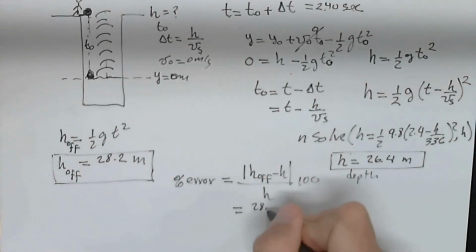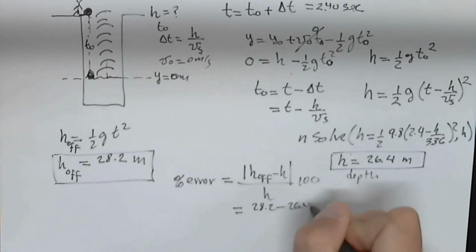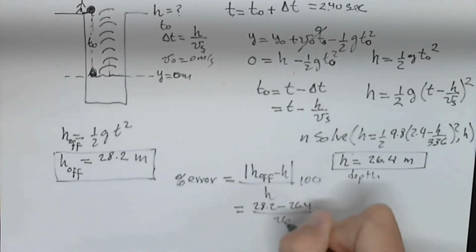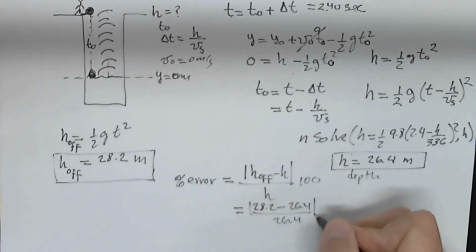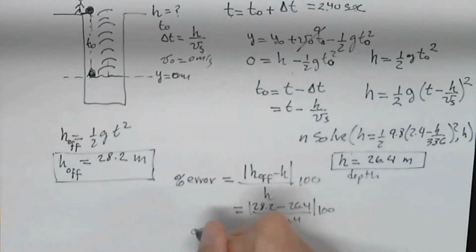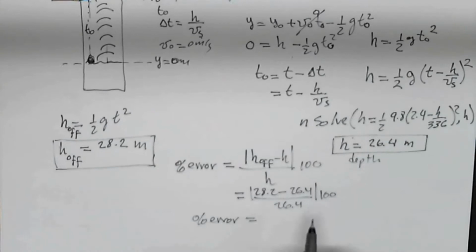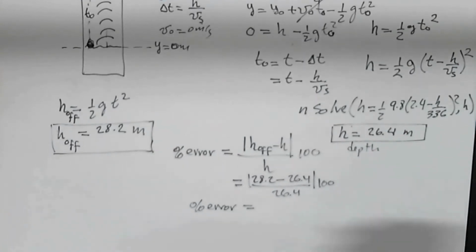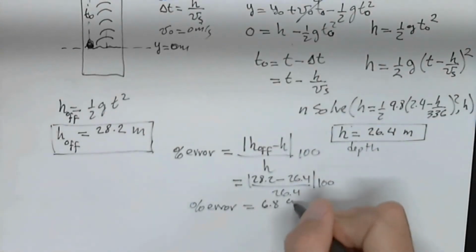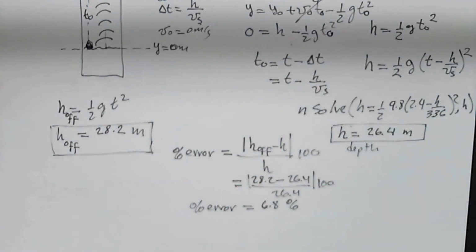So it's 28.2 minus 26.4 over 26.4 times 100, and the percent error is 6.8%. So you get an overestimation of the depth of about 7% if you don't consider the speed of sound.